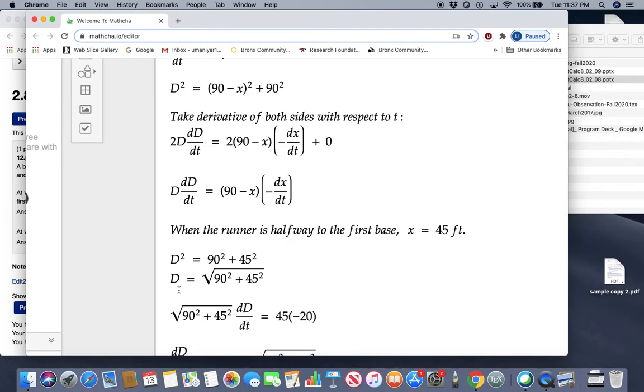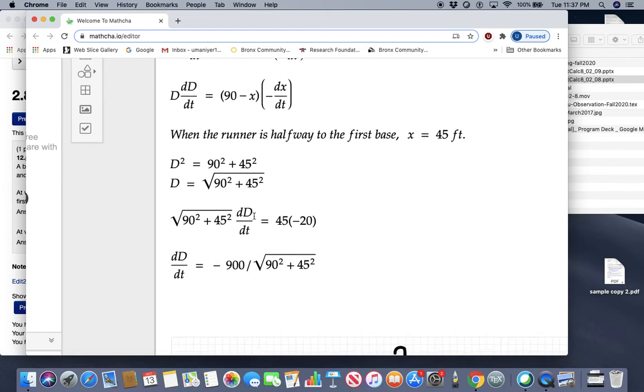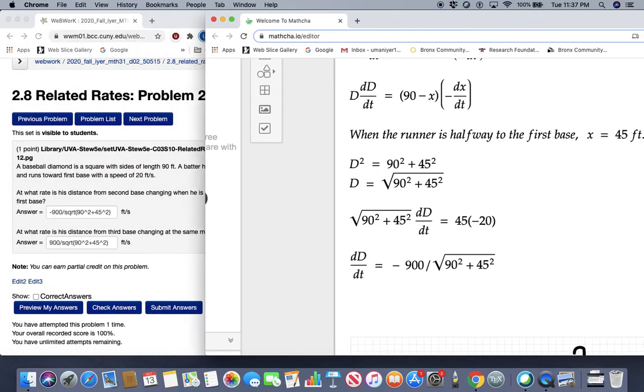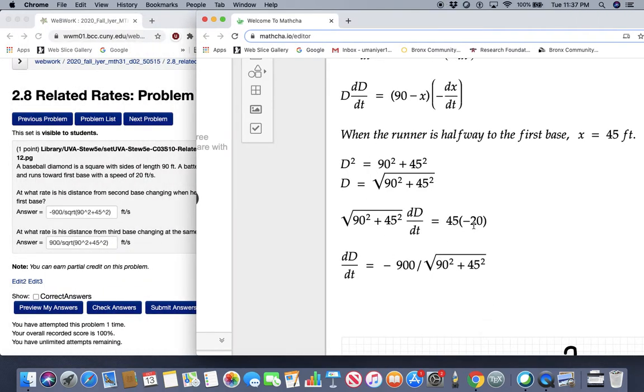And this capital D we just calculated using Pythagorean is this quantity. So dd/dt, you take this right hand side, divide by this. That's where I have negative 900 over the square root of 90 squared plus 45 squared.